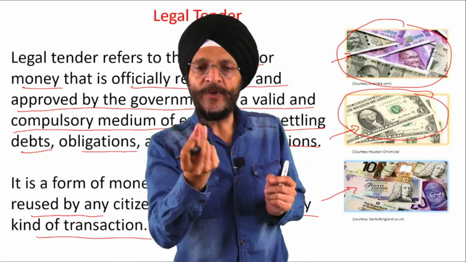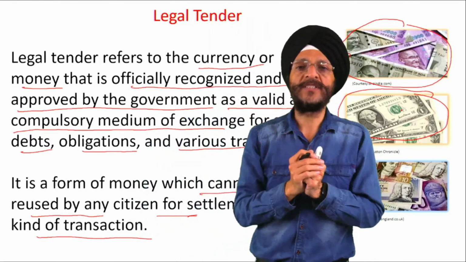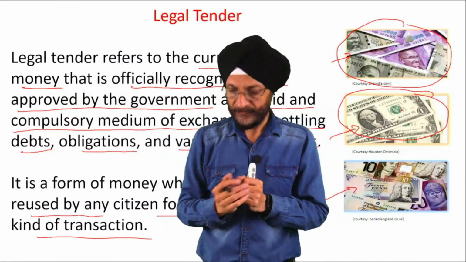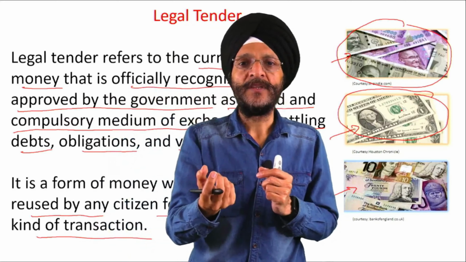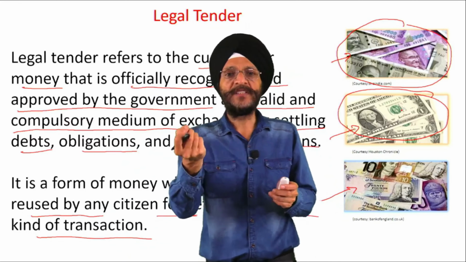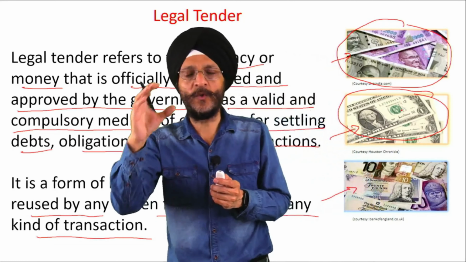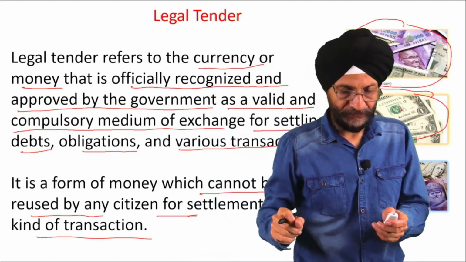If we have coins of gold or silver, they have intrinsic value because they are made of some precious metals which can be sold in the market in return of goods and services. But these currency notes do not have any value for which they can be exchanged. These currency notes or the coins have value only because they are backed by the government of the country.